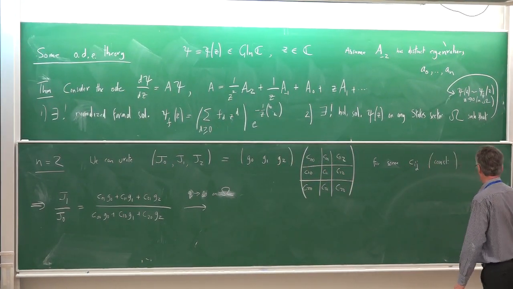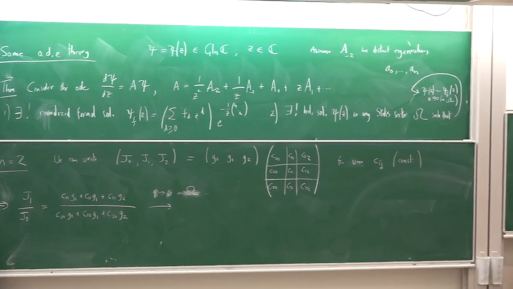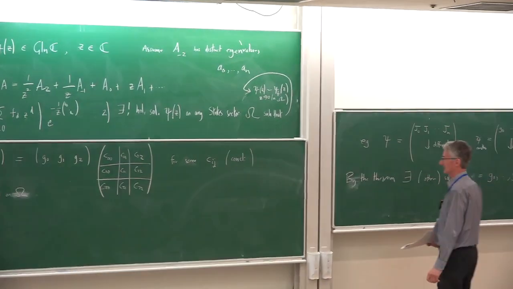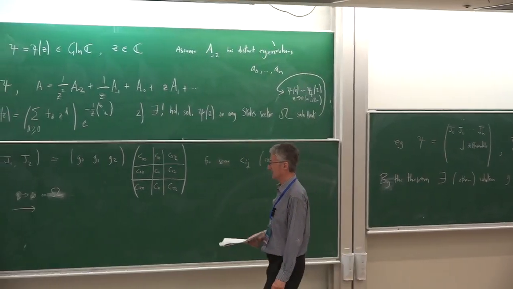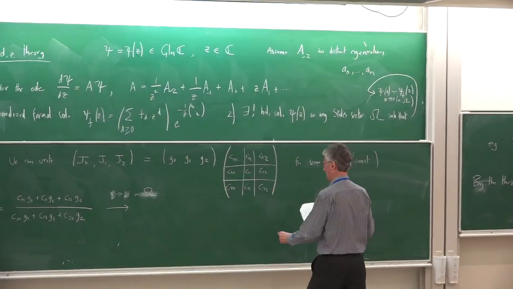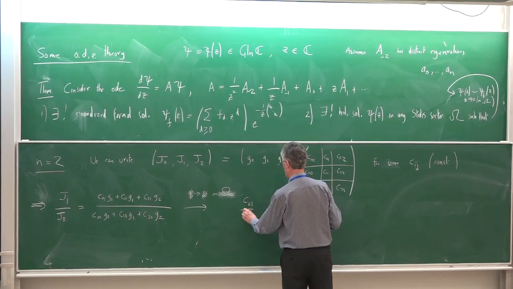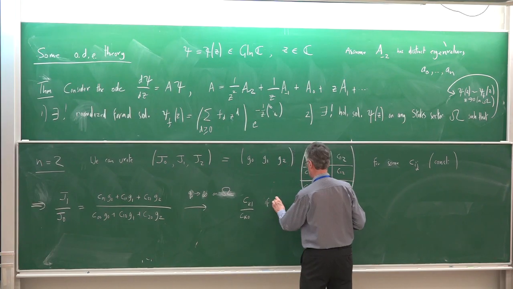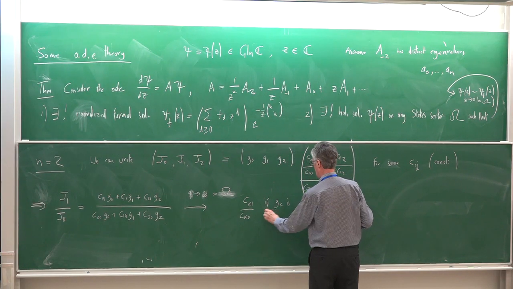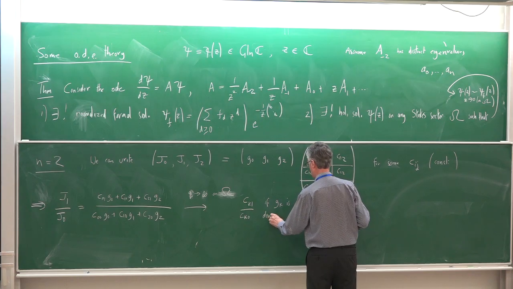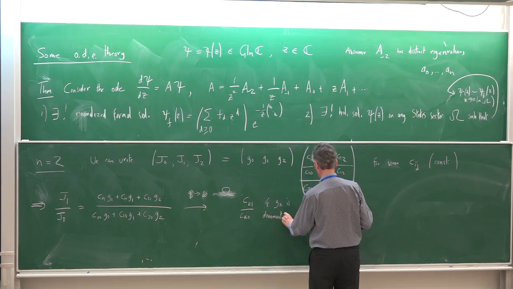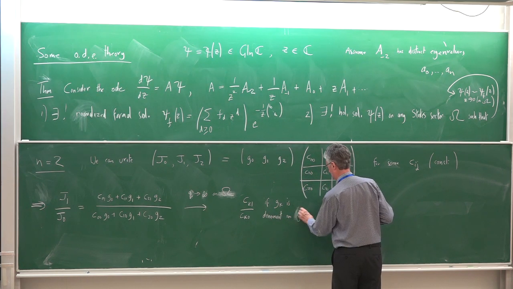When q goes to infinity, we get these exponents showing up. And so let me write down the answer. The answer is, it'll be c_k1 over c_k0 if g_k is dominant on that sector, omega.